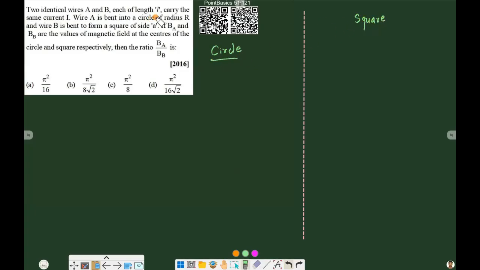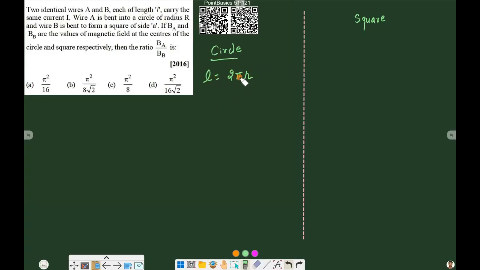Now as length is same, current is same, so when we make a circle of radius R out of wire of length L, then circumference of that circle should be equal to length of the wire.